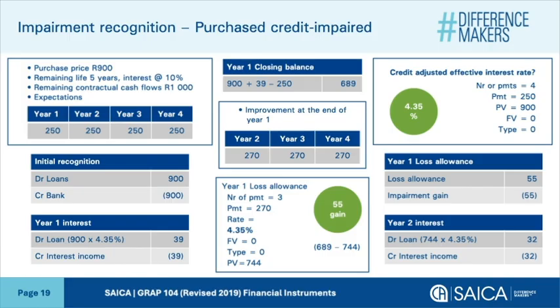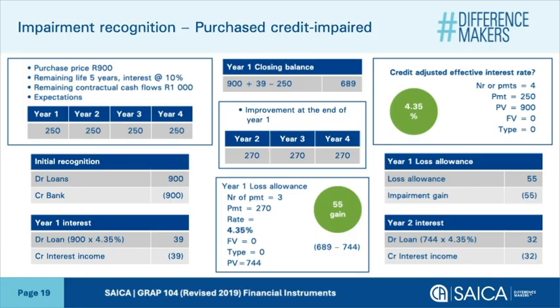That interest is what we use to determine year 1's interest. Our interest is calculated as 900 Rand times 4.35%, which is our credit-adjusted effective interest rate, which means we debit our loan with the interest of 39 and we credit interest income with 39, which brings us to our year 1 closing balance.